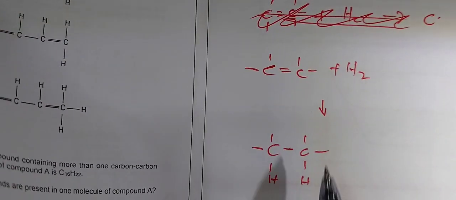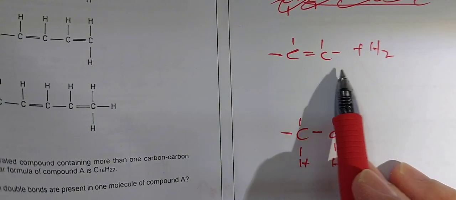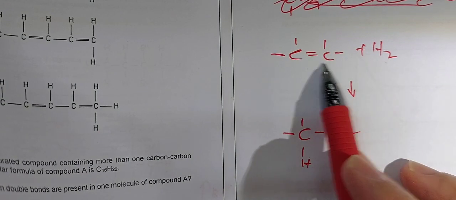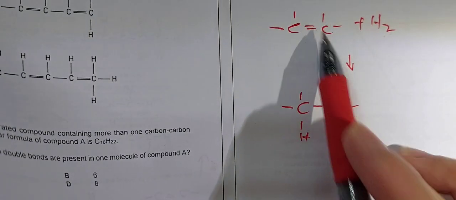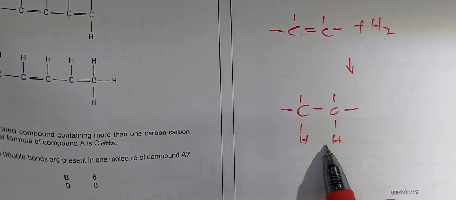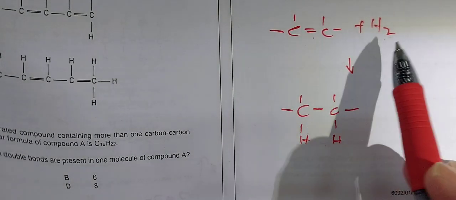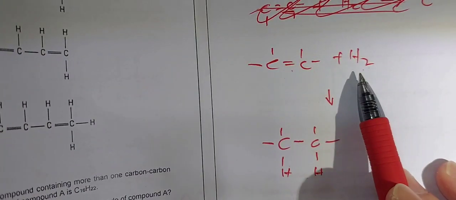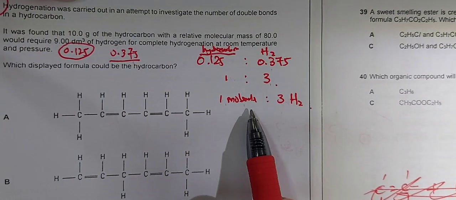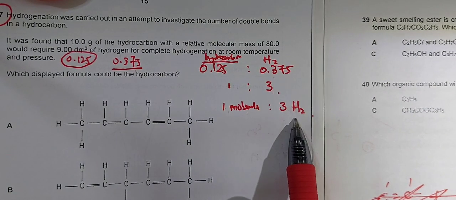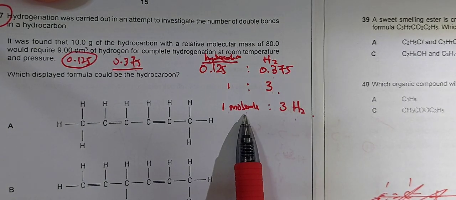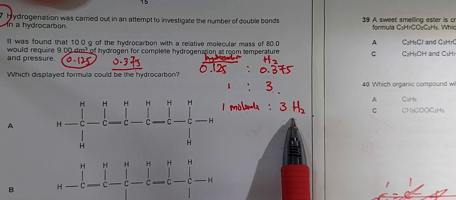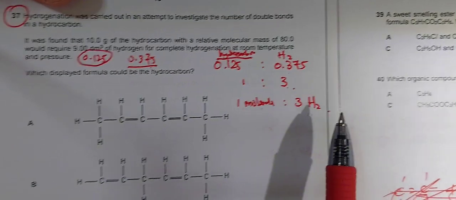And you should know that each carbon-carbon double bond would require one hydrogen molecule to break the carbon-carbon double bond and the hydrogen added to it. One carbon-carbon double bond requires one hydrogen molecule. So if the hydrocarbon requires 3 hydrogen molecules for complete hydrogenation, it actually implies that the hydrocarbon molecule must contain 3 carbon-carbon double bonds.